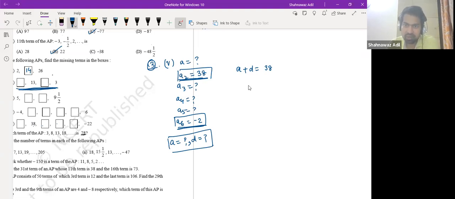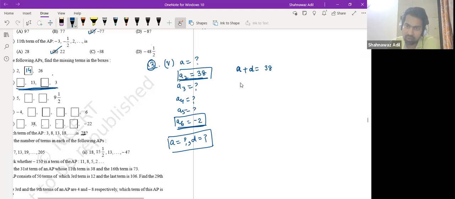Remember linear equation in two variables. How many variables do we have? 1, 2. Two unknowns, A and D. So we need another equation. And where can you find the other equation? With the A6, right? There is A6.